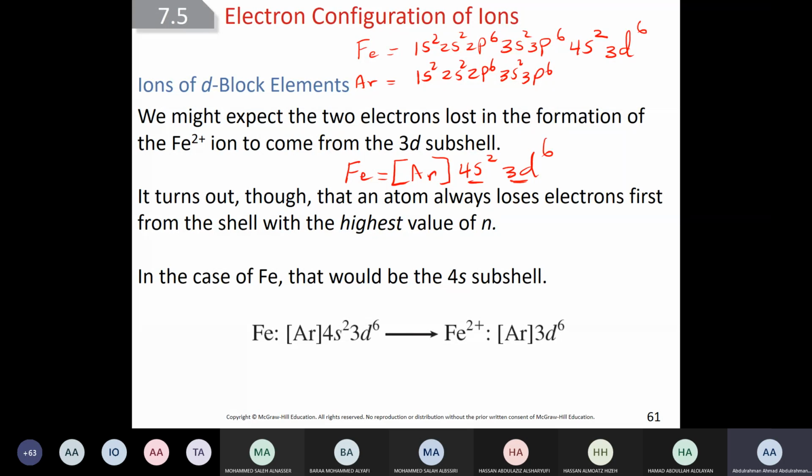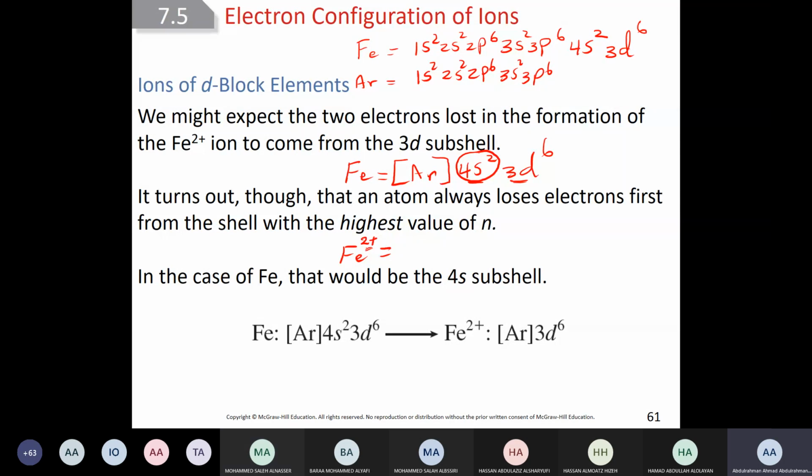But when you lose an electron, even one, but I will do it for 2 plus. When you lose an electron, you lose it from the s, not the d. And that's why for Fe2 plus, what's the structure of Fe2 plus?